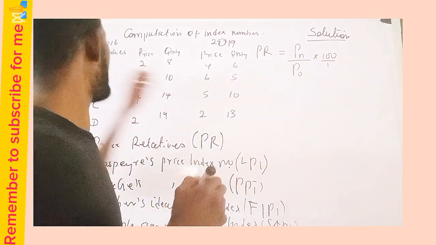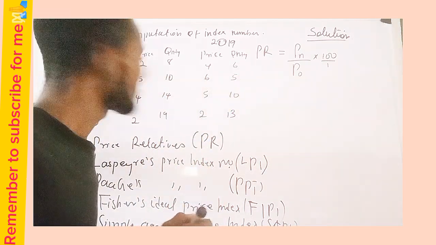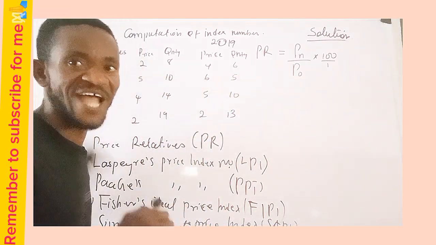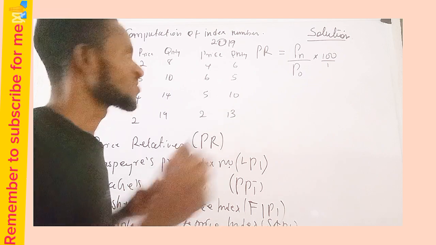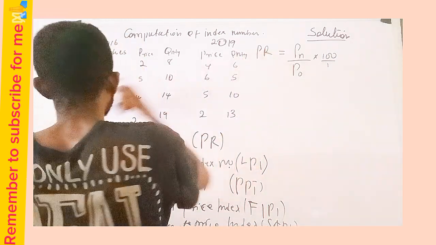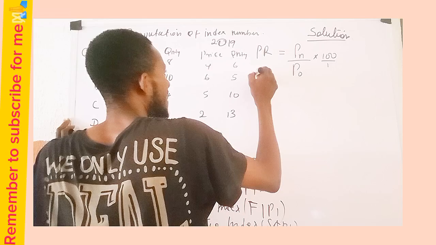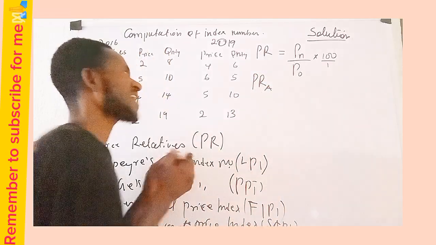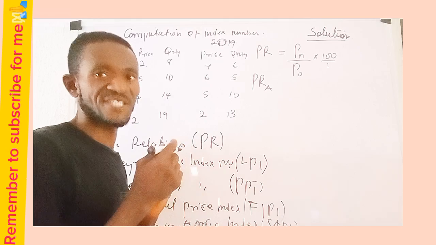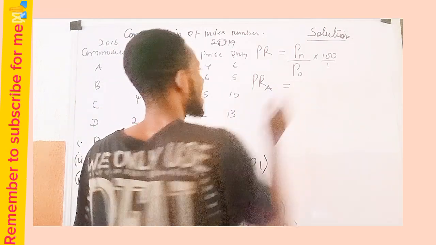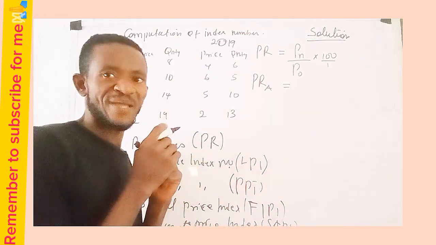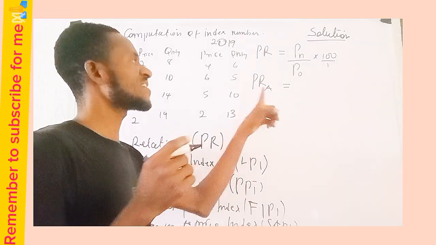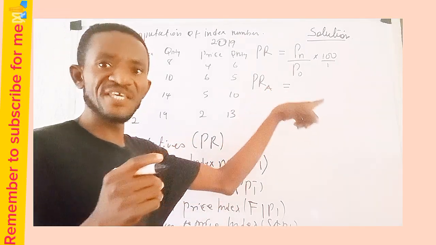We are talking about the price relative of commodity A, commodity B, down to commodity D. If I want to talk about the price relative of commodity A, I will write PR subscript A. I ask myself, what is the price of commodity A in the given year?